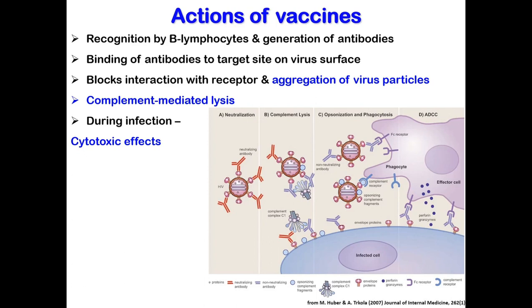And you get what's called the opsonization of virus particles by antibodies. That's the marking of the virus particles by antibodies, marking them for phagocytosis. Okay, so this is when the virus becomes engulfed by phagocytes. And then you've also got the cellular cytotoxicity of the infected cells.